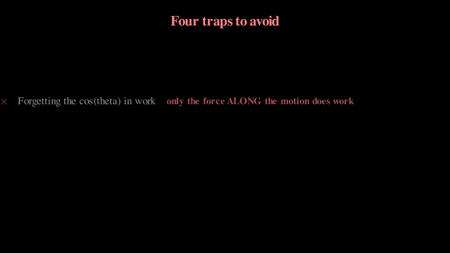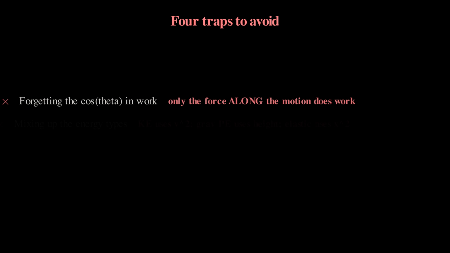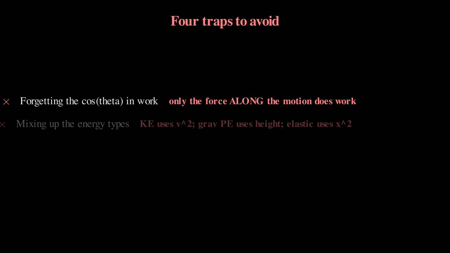Finally, the 4 traps that quietly cost marks. 1. Forgetting the cosine theta in the work formula. Only the component of force along the motion does work, so an angled force always needs it. 2. Mixing up the energy types. Kinetic uses velocity squared.